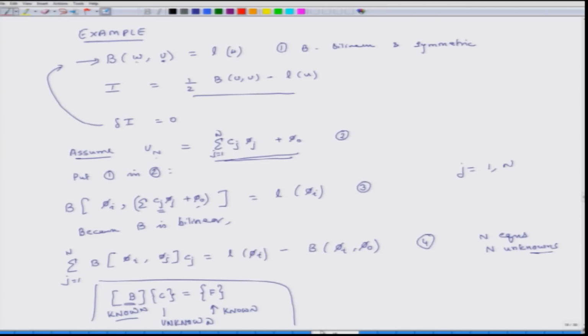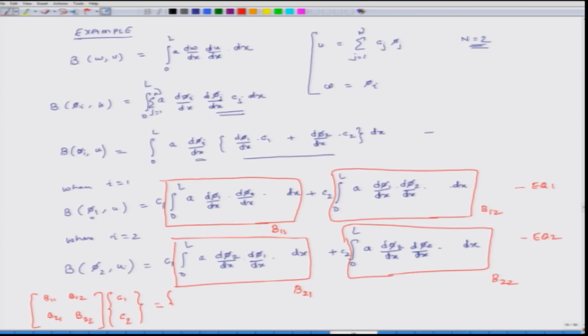I get the terms involving the F vector. I basically do the same thing on L of u, the linear term, and I will get my F1 and F2. Any questions, confusion?